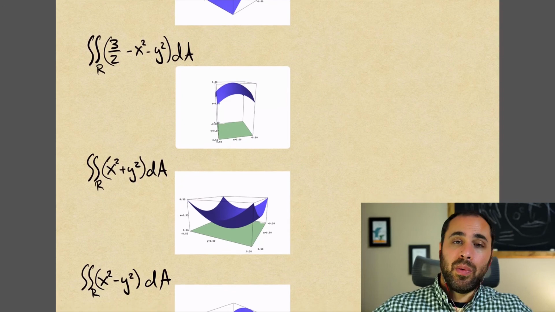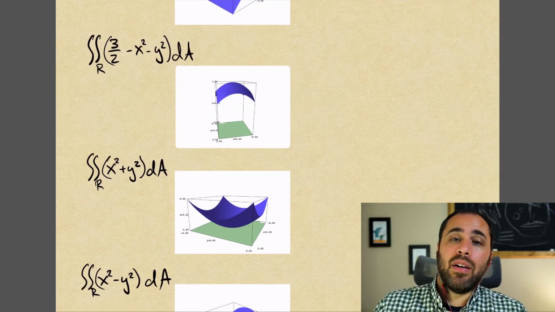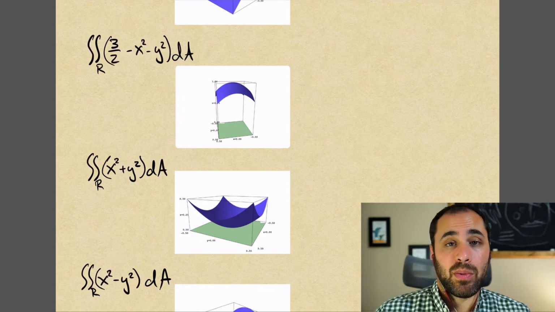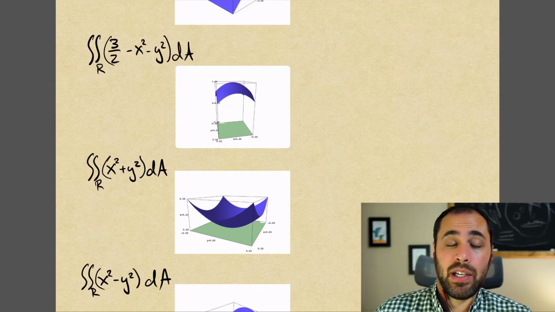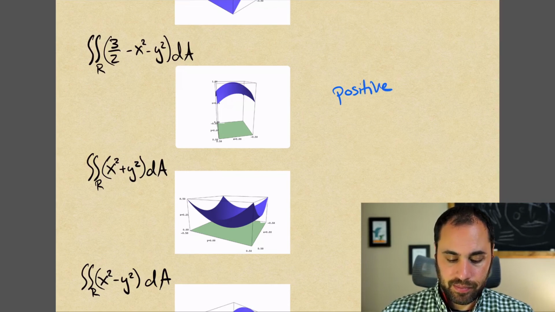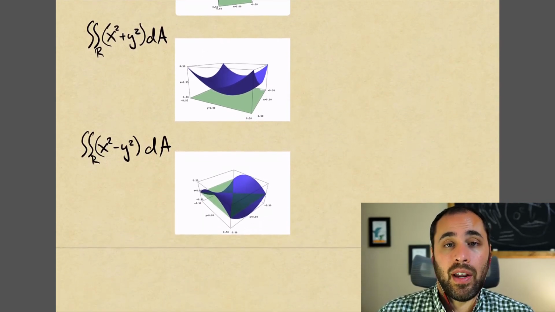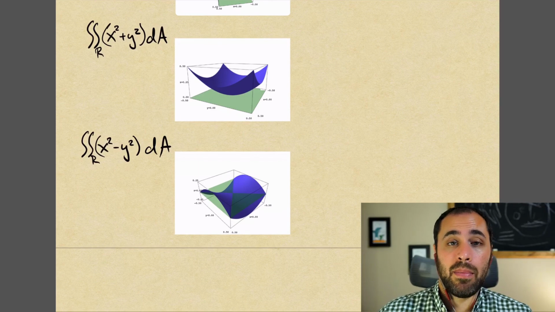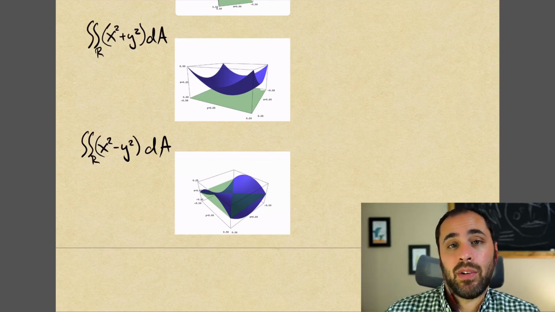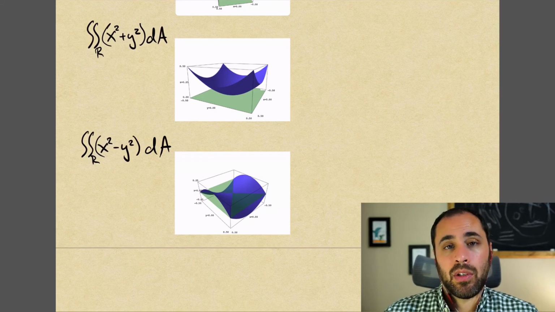The next one, we have the top of a paraboloid opening down. This whole thing is above the xy plane, so the volume under it will be positive. We've got another paraboloid, this one opening up. It touches the xy plane at the origin, but it never dips below, so the volume below this is also positive.